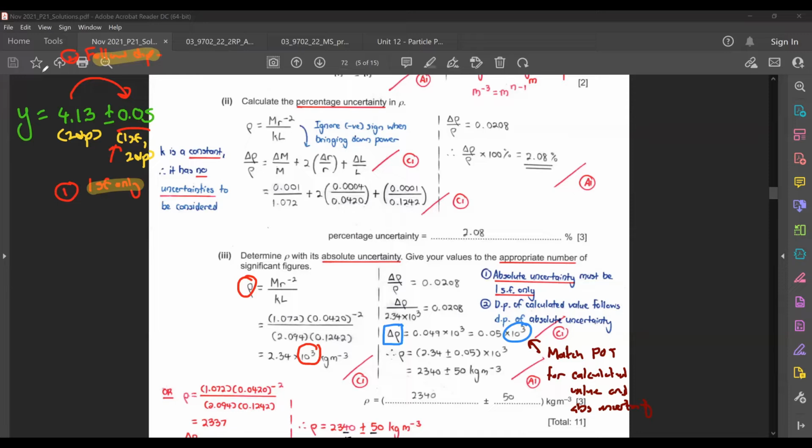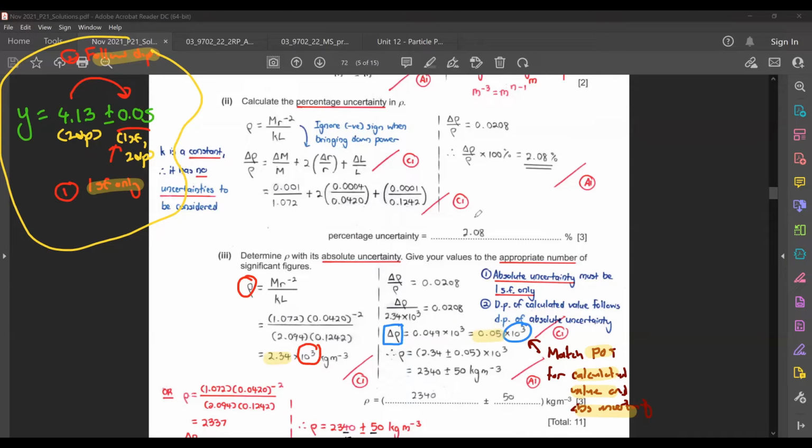Okay, now, but there are some cases where you cannot see your decimal place easily. Like in my case here, if I match the power of 10 for calculated value and my absolute uncertainty, you'll notice that you can actually see the decimal places easily for this one.